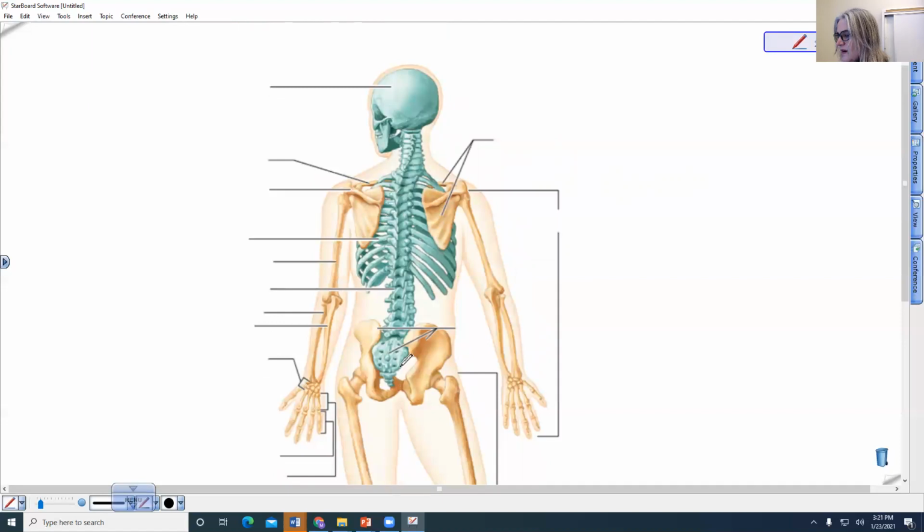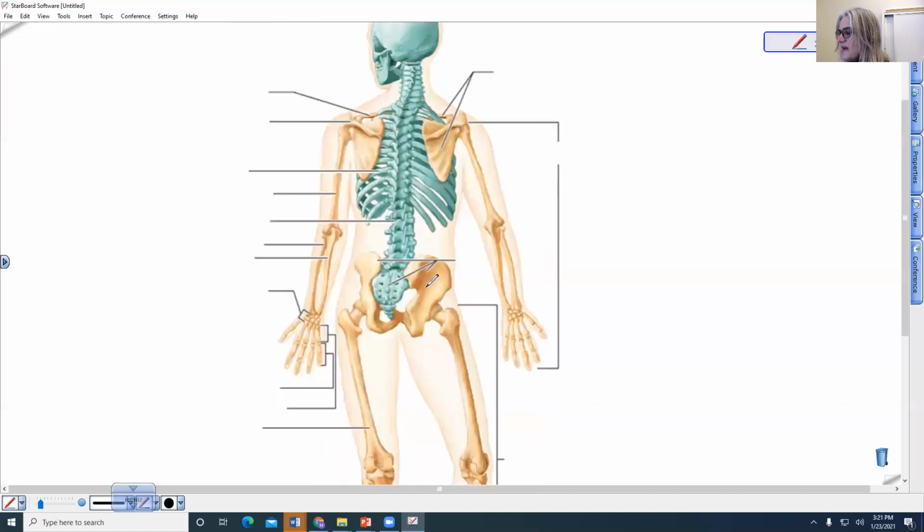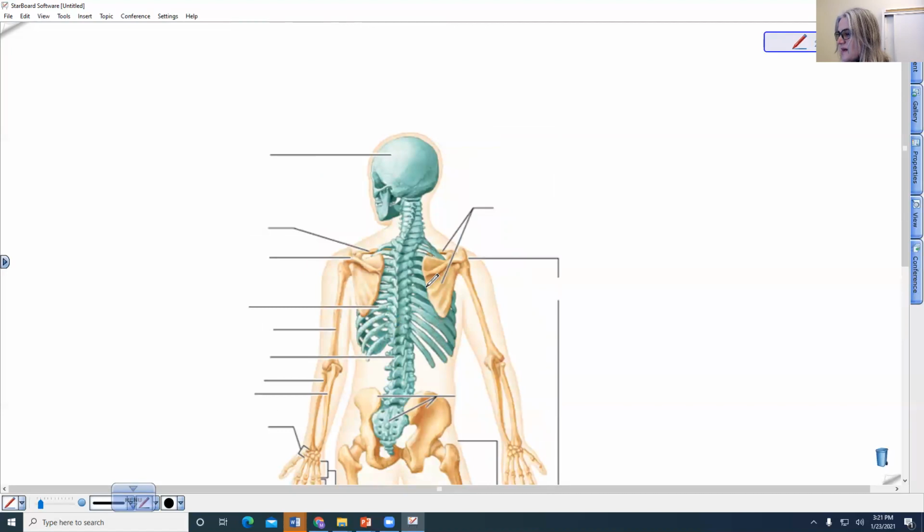We could talk about the foramen in the sacrum, those holes. We could also talk about the facet joints between the vertebrae. And in the thoracic part of your vertebrae, there are also facet joints that articulate with the rib cage. And so these are some examples of the markings that we will be talking about.